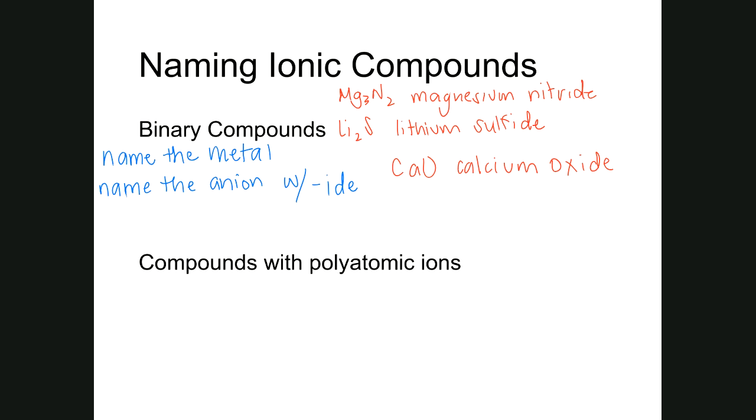If we're dealing with compounds with polyatomic ions, we name any other part of the compound as normal. Name any part that is not a polyatomic ion, and I'm going to abbreviate polyatomic ion as PAI, as normal. And then the name of a polyatomic ion does not change.